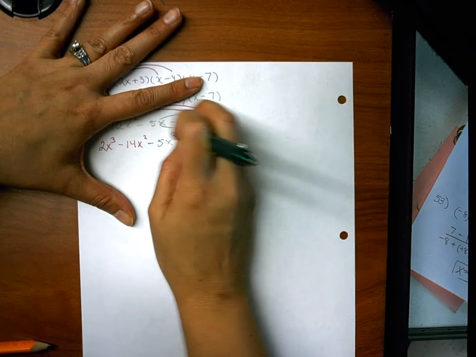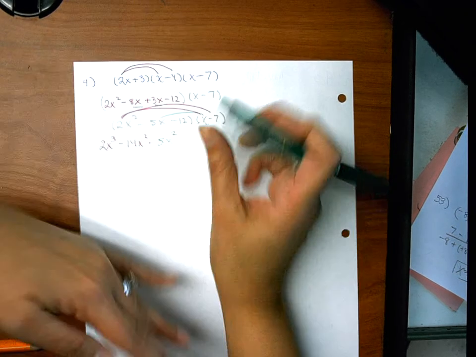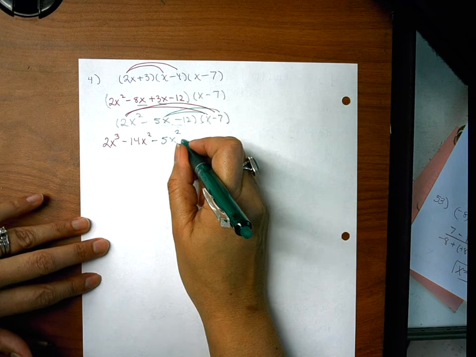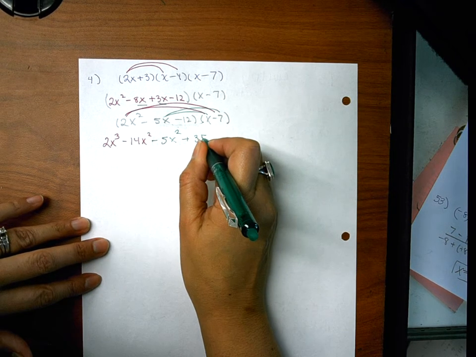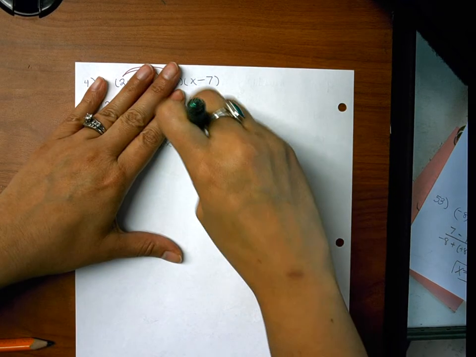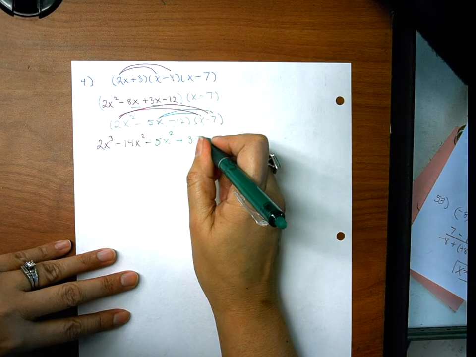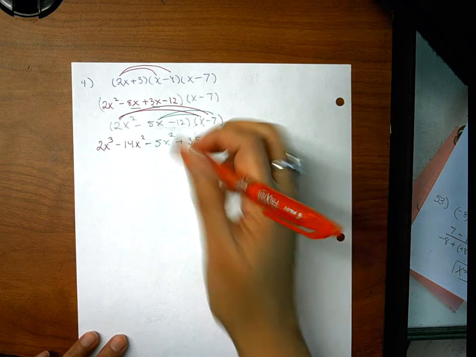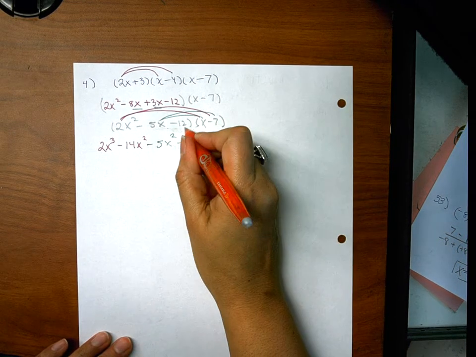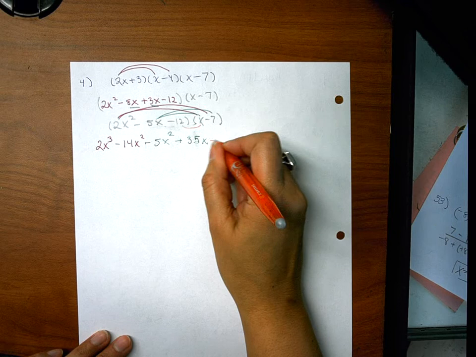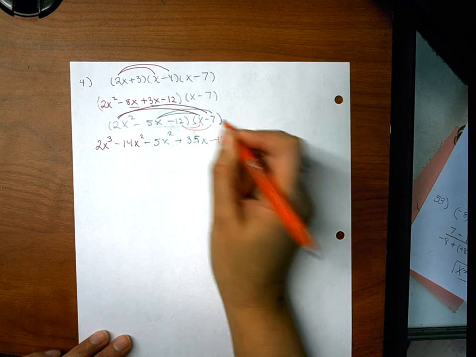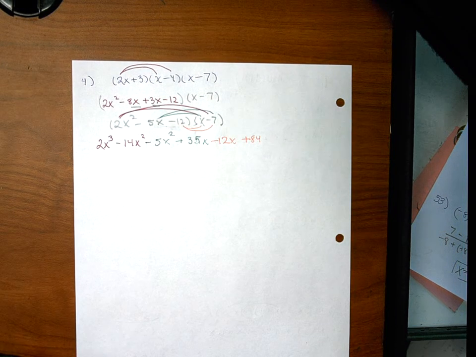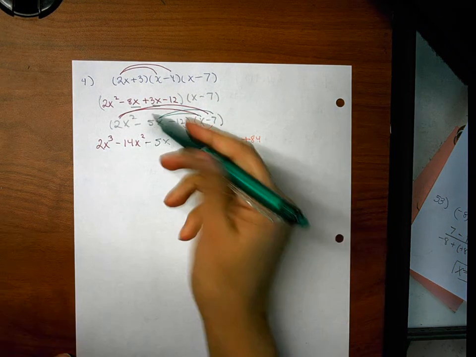Negative 5x times negative 7 is positive 35x. And now for the last piece, negative 12 times x is negative 12x, and negative 12 times negative 7 is positive 84.